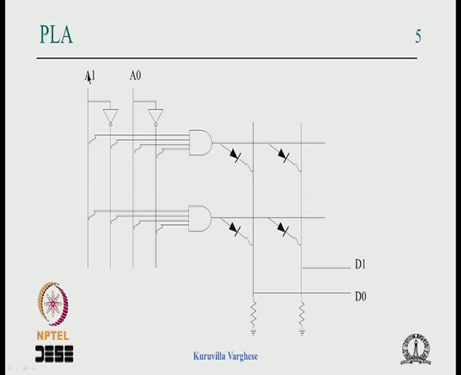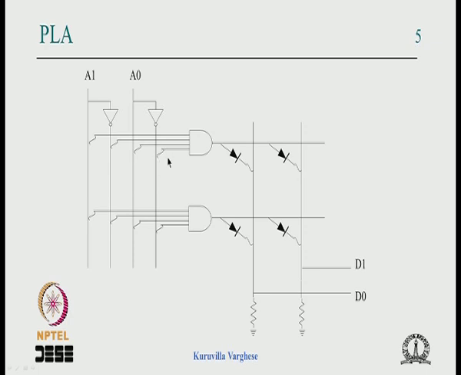Again we are taking the case of 2 inputs, where there are 2 inputs and their complements. Now instead of 2 raised to 2 AND gates we have only 2 AND gates, and each AND gate has 4 inputs to connect to the 2 inputs and their complements, with programmability, like a fuse.